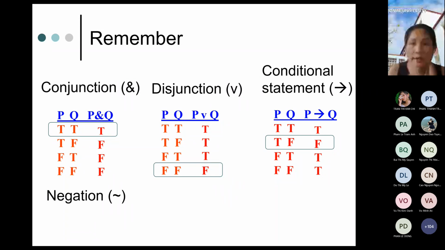Only look at the column of the premise. That's why we put the asterisk on the column of the premise, isn't it? We find all the rows that have the premise true and check those rows in the conclusion column. And if we find any row that has the premises true but the conclusion false, then the whole argument becomes invalid. But if you cannot find that row, it means your argument is valid.